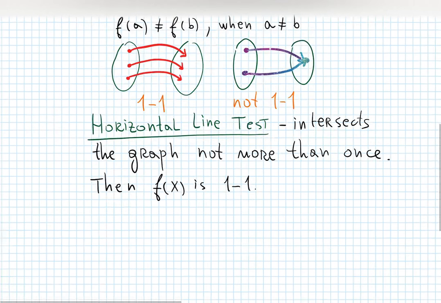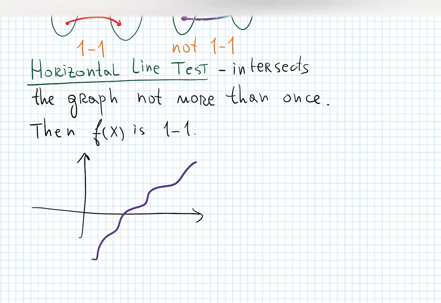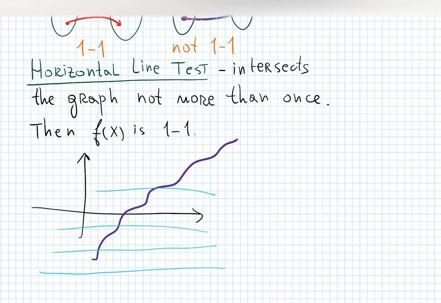This is going to be the main idea of how we check whether we can find the inverse function or not. Here's the example. Here's the graph. And you make a lot of horizontal lines. If I do it over here, it intersects 0 times. That's fine, because it should be not more than once. Then here once, once, once, once, and once. Everywhere it's once.